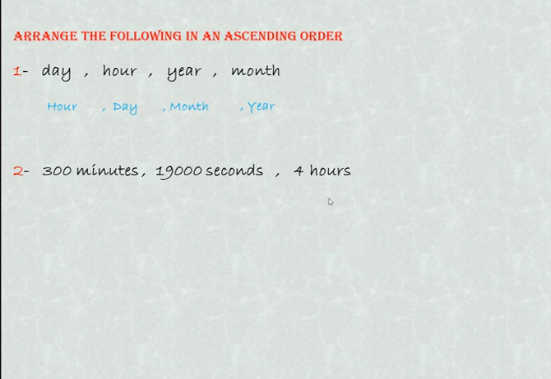The first, 300 minutes equals what? To convert from minutes to seconds, multiplying by 60, we get 18,000 seconds. 4 hours, convert into minutes, then minutes into seconds. 4 times 60 equals 240 minutes, multiply by 60, we get 14,400 seconds.